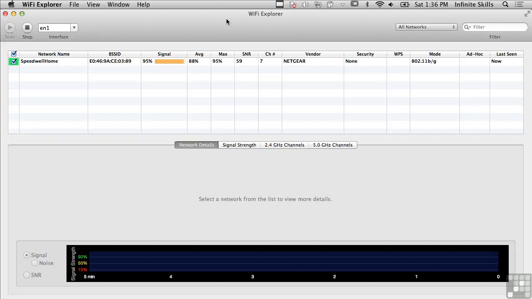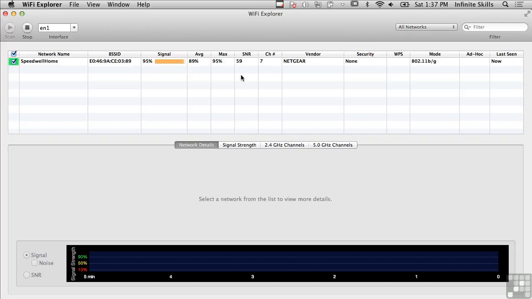It's a layer 2 protocol that defines connections between endpoints, and in this case, they're using different frequencies in the multi-gigahertz range in order to transmit data from one point to another. Now, there are multiple types of 802.11, and I've got something called Wi-Fi Explorer up on my Mac here, and you can see that there's a network that it's found, and it's running 802.11bg.